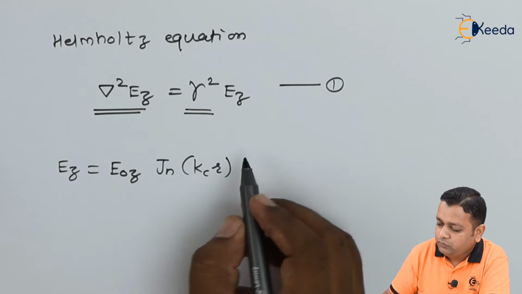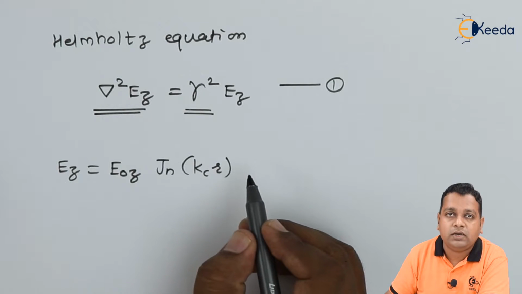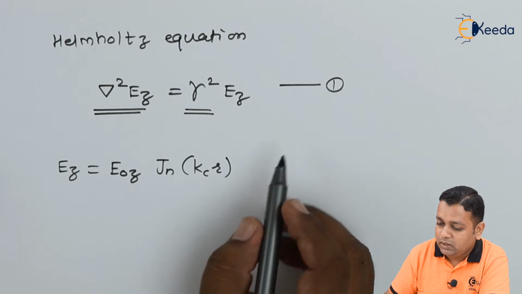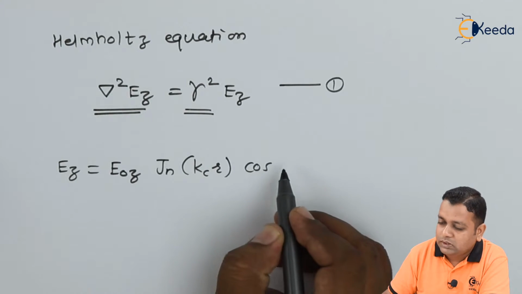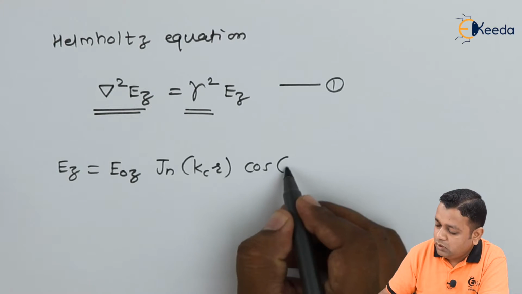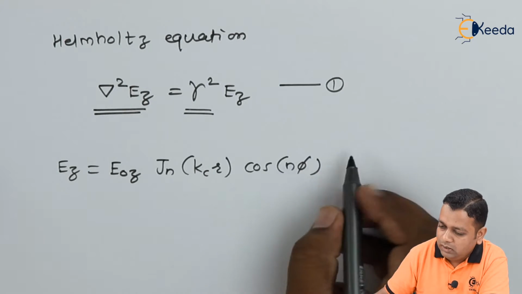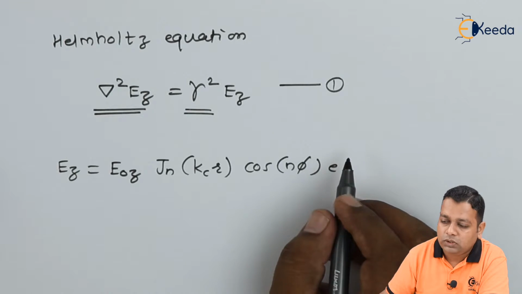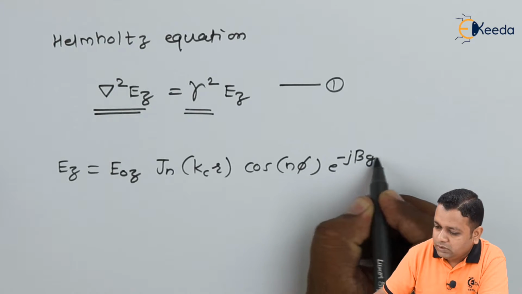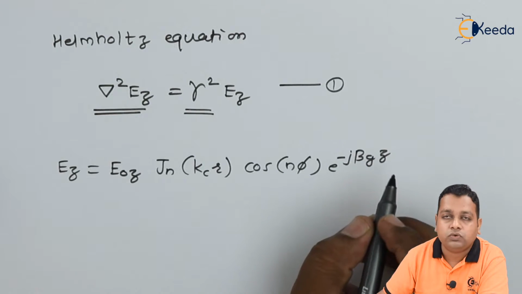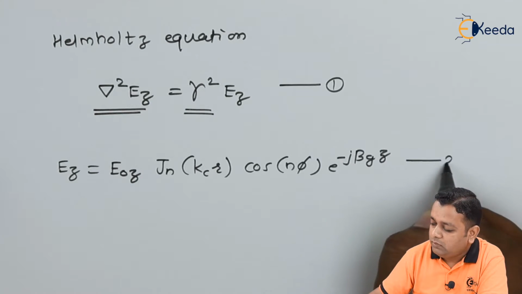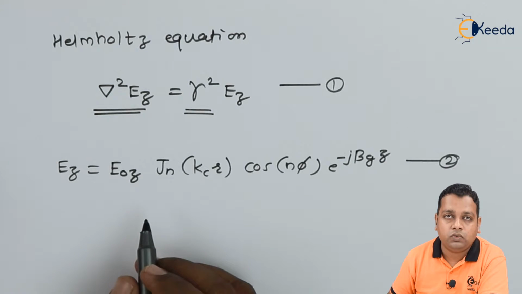Here r is the radial distance measured from the central axis of the circular waveguide, multiplied further by the cosine function of n times phi, multiplied by e to the power minus j beta suffix g into z, to show the harmonic variation of the wave. This can be regarded as equation number 2.